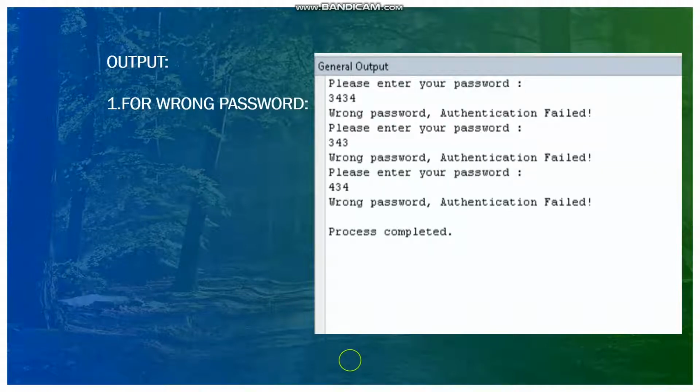No matter how many times we try, unless there's a correct password, there will be authentication failed. If you put the right password, the process will complete.